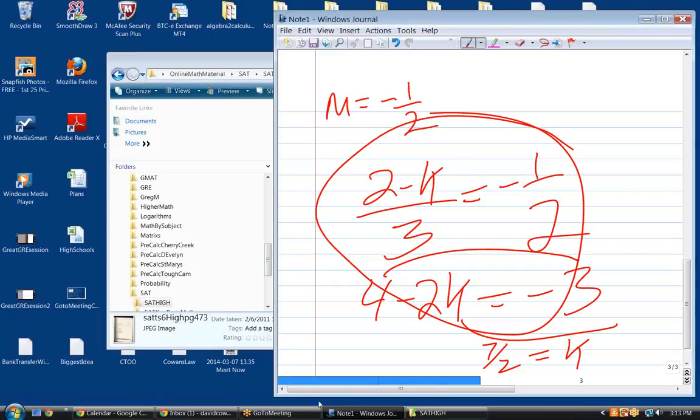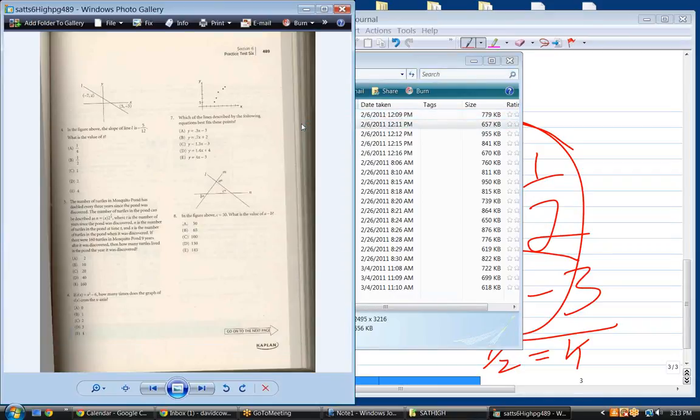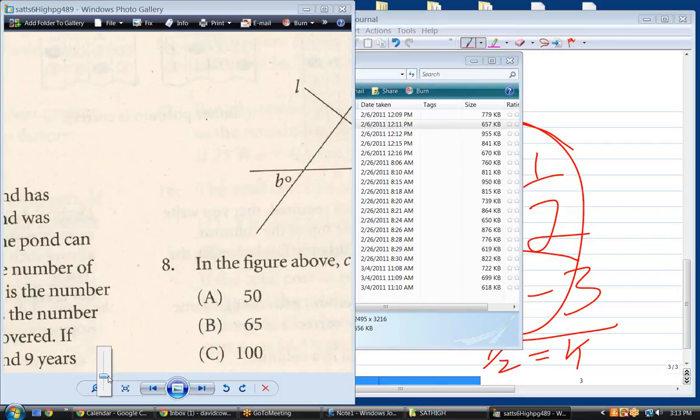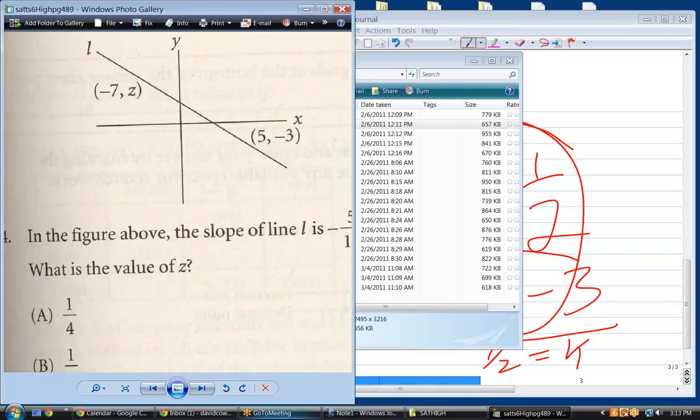All right, 474 here. Oh, I got these out of order. Oh, that's because I'm doing hard ones only. They're not every page. Hold on.